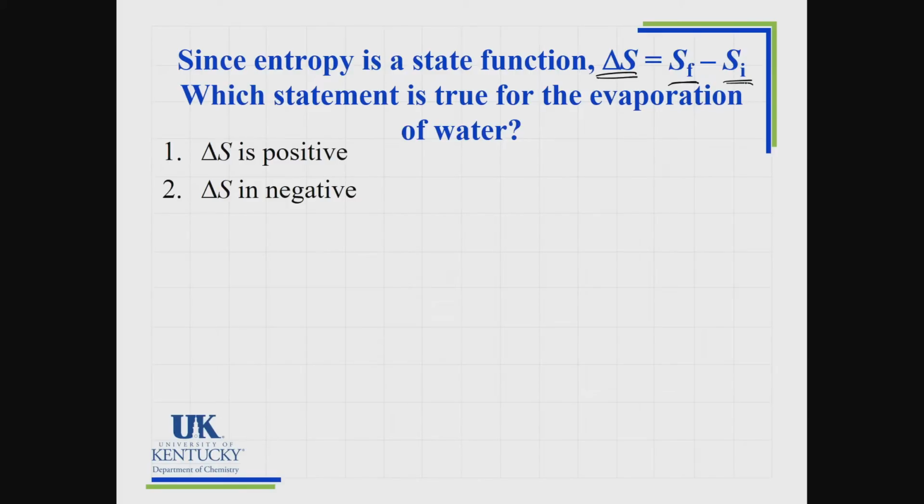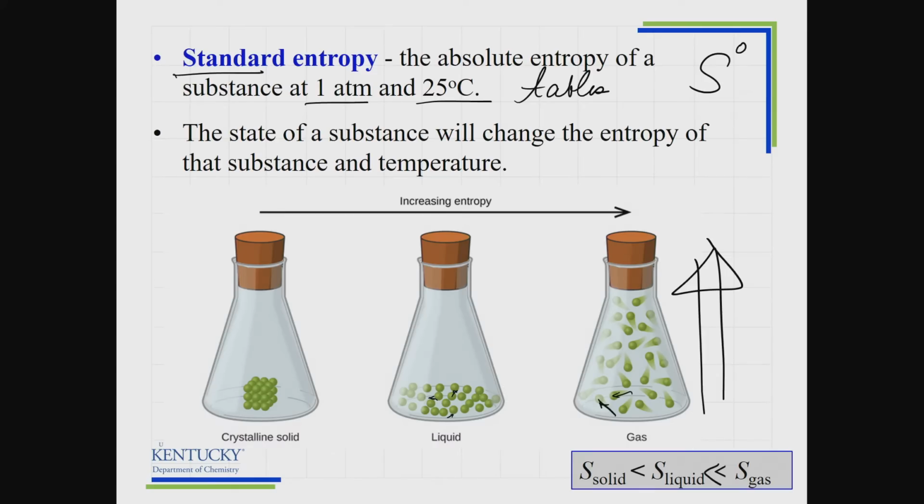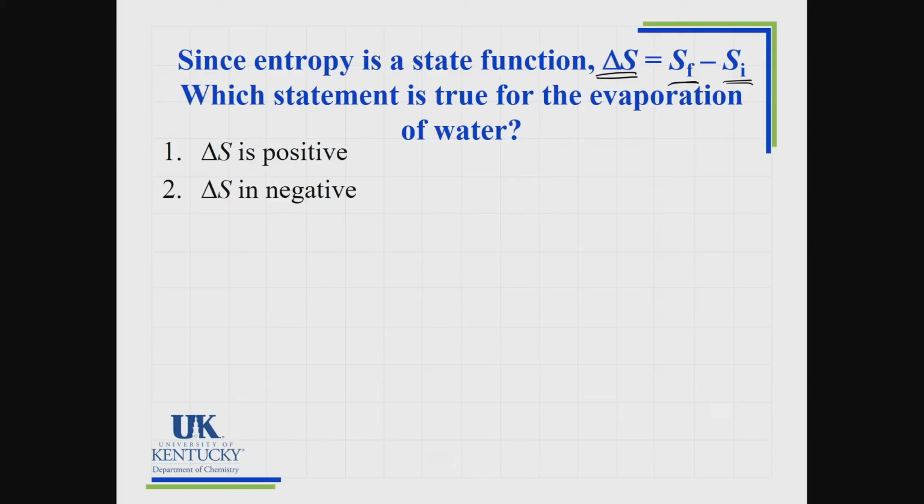So you think back to this image here, okay? You think about this image and you answer this question. If you're going to evaporate water, think about the states it's changing between as you evaporate it. Will it have a positive change or will it have a negative change as it goes through this process? Well, I hope you said it has a positive change.